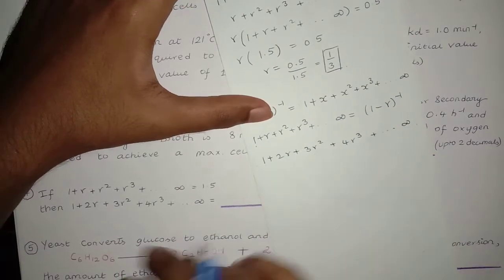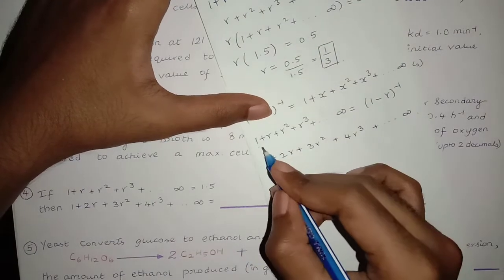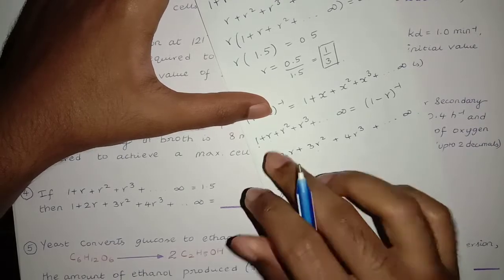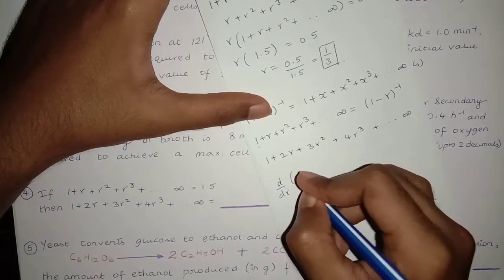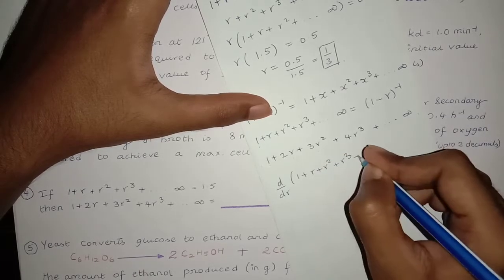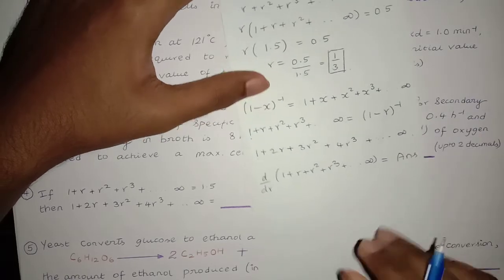So the value of the expression that we need to determine is nothing but the differential expression. We need to differentiate this equation with respect to r. Up to infinity is the required answer we need to find.